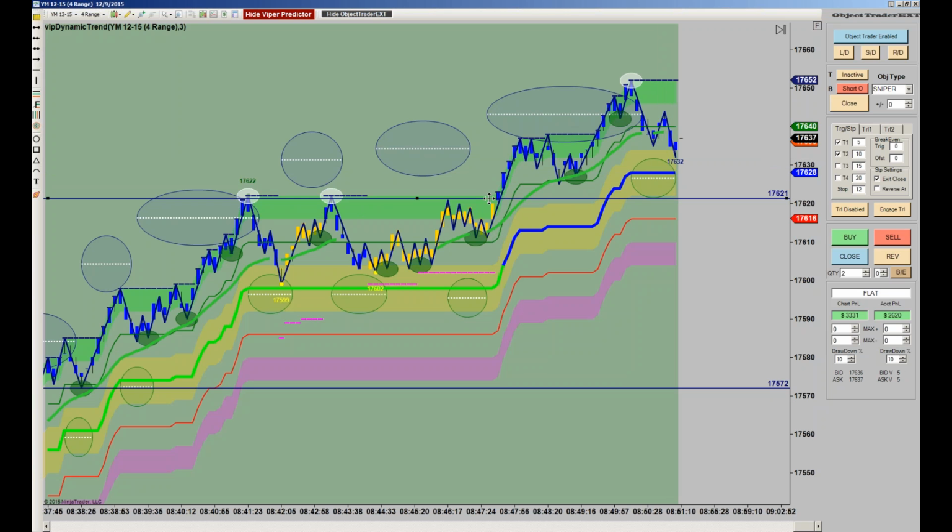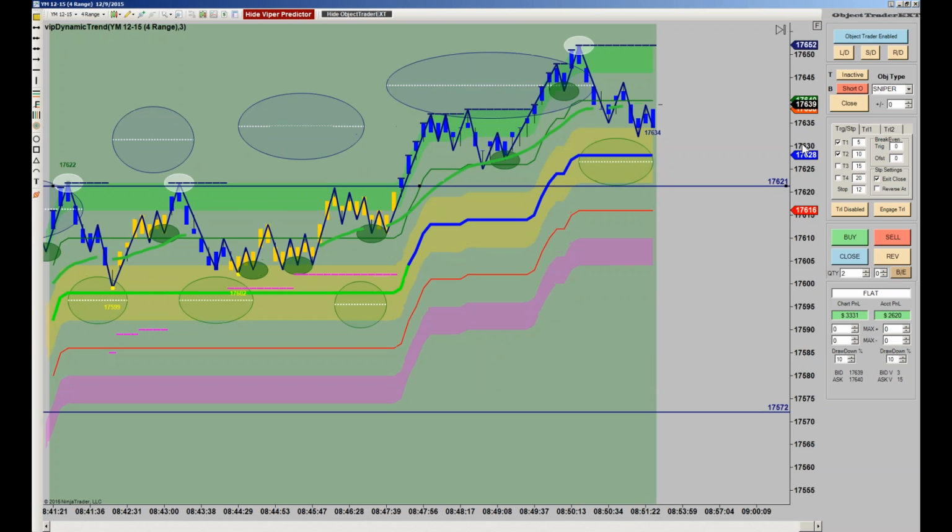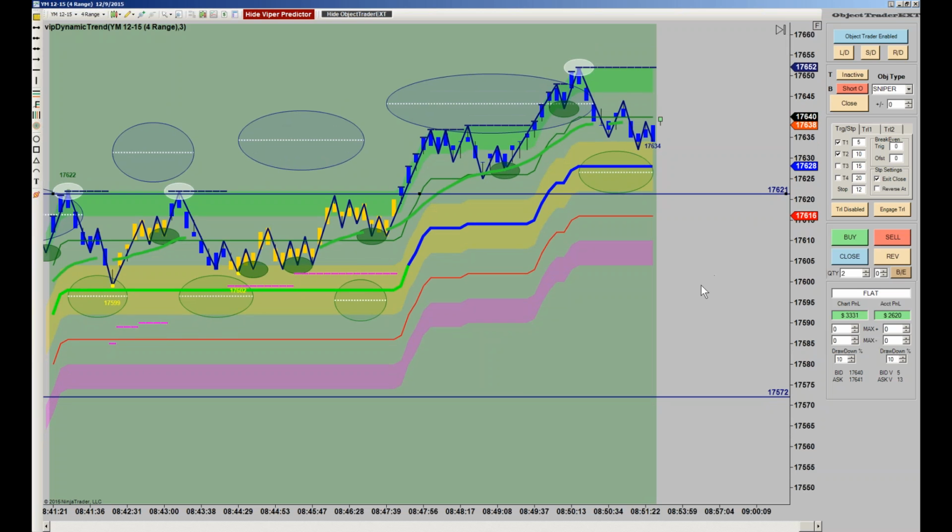But what if they come down right on top of that 22 area right there and decide to bounce? Let's see if we can get it. All right, we already got taken out because we got taken out of lightning. So we're looking for a deeper retrace.